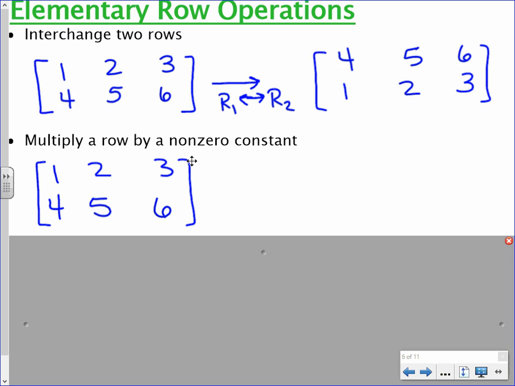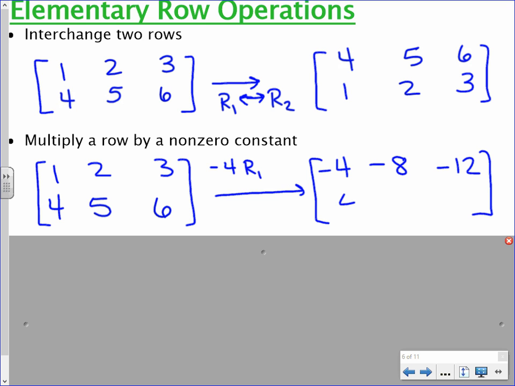So we can take any row and multiply it by a constant. Remember, if you do a row operation, I would appreciate you notating what you're doing. So we can take, let's say, row 1 and multiply it by -4, which would give us -4, -8, -12. 4, 5, 6.